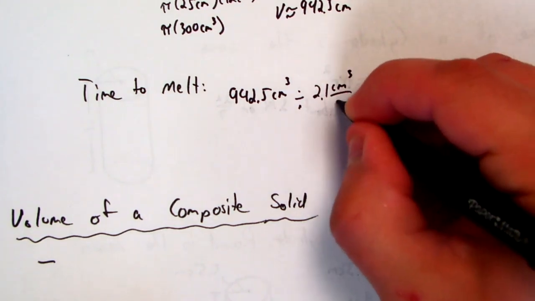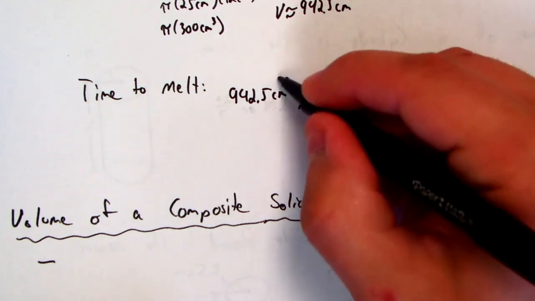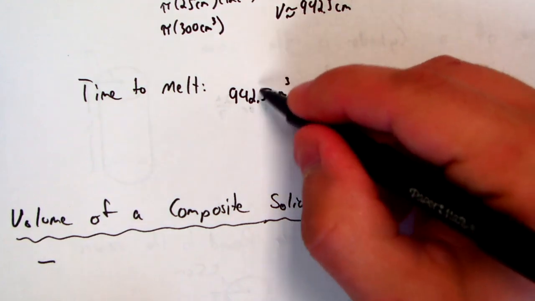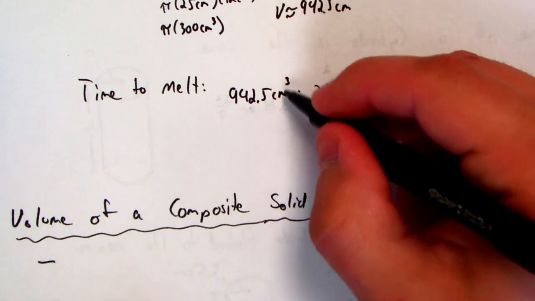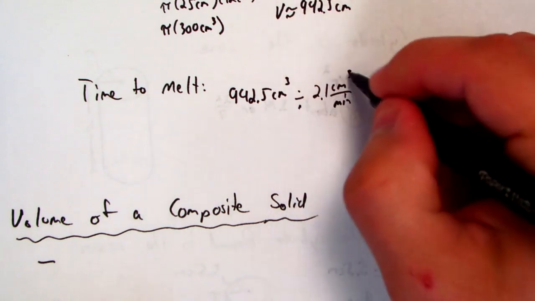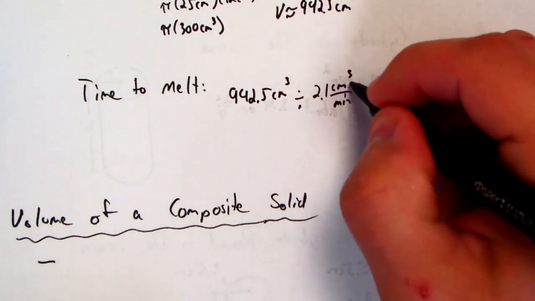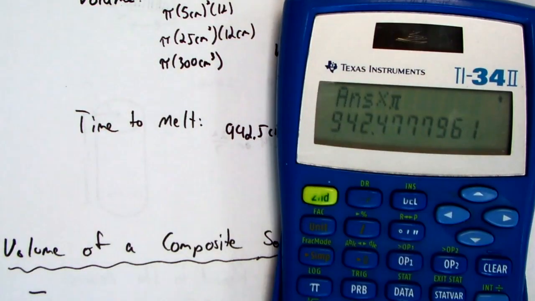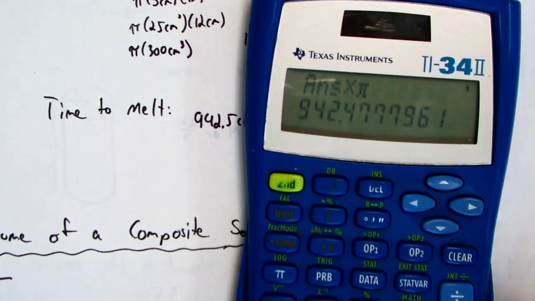The reason why is because I want to get rid of this cubic centimeters. So if I want to get rid of this, I have to divide by cubic centimeters as well. So I'm going to actually leave this number on my calculator, and I'm going to simply do divide by 2.1.